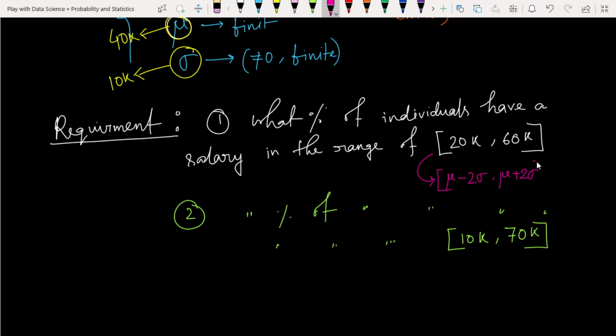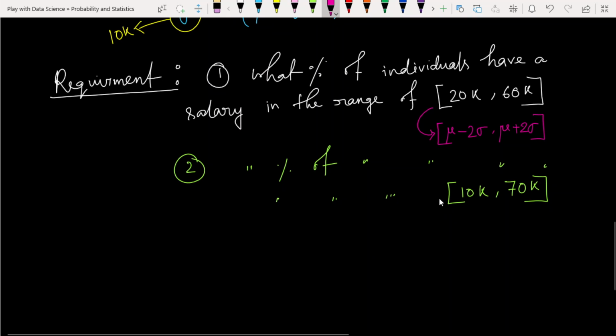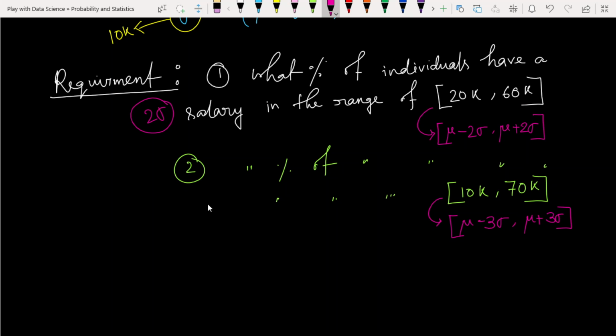And this other range is like mu minus 3 sigma to mu plus 3 sigma. So the first is a 2 sigma range, and this one is a 3 sigma range.